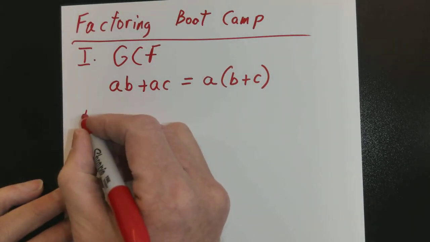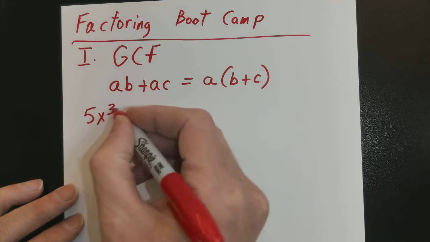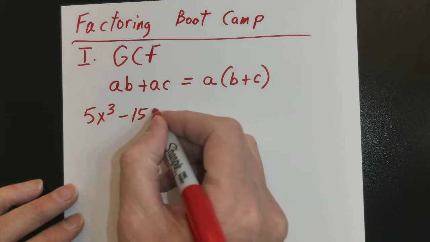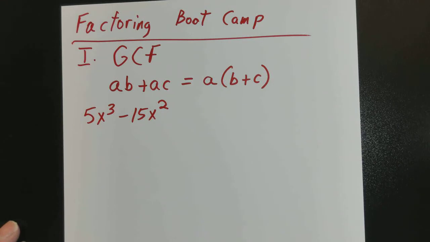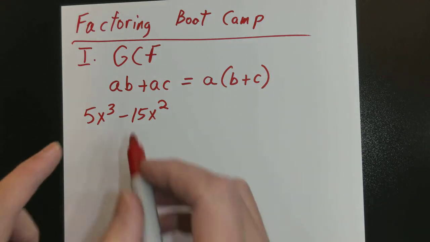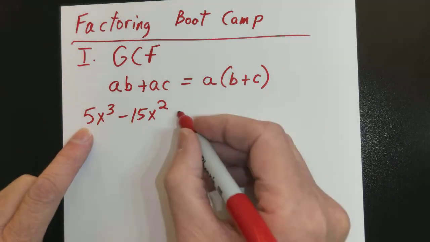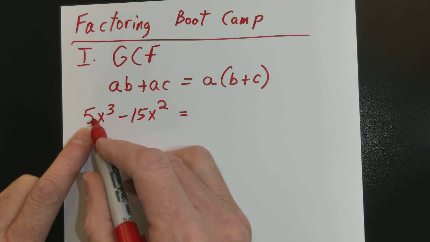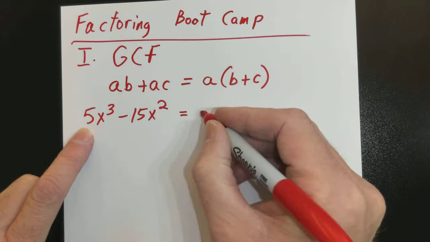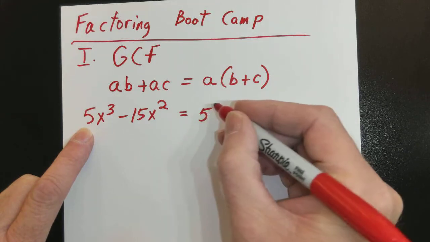So if I were to do 5x cubed minus 15x squared, I'm looking for the GCF. And between 5 and 15, are you seeing the 5?